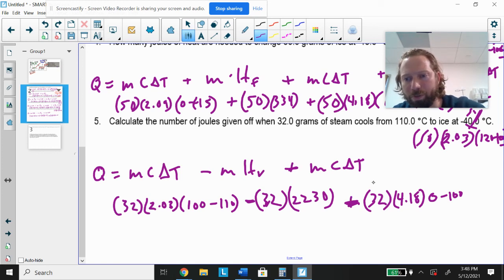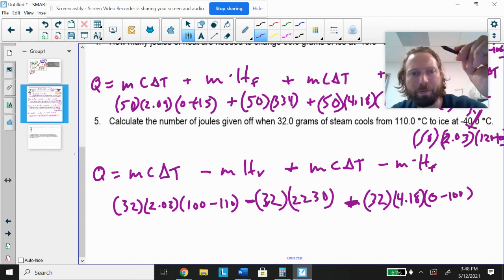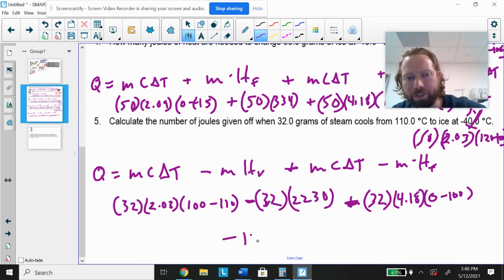This would be, sorry, plus. And then you have minus again for your amount of energy it takes to freeze, so m times heat of fusion. And this will be minus 32.